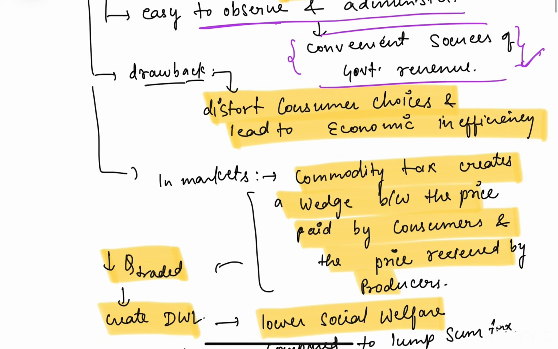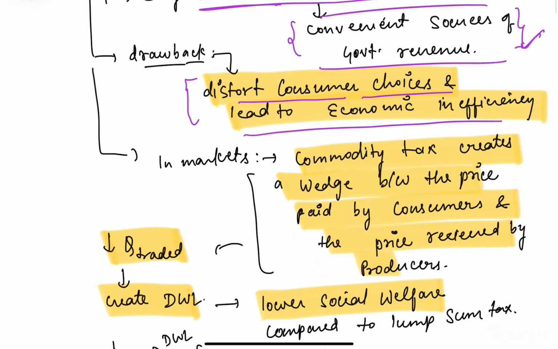But there's one drawback also. The drawback is that commodity taxes distort consumer choices and lead to economic inefficiency. Why do we say distort consumer choices? Distort means it changes consumer behavior because of the change in the consumption pattern. Say you are a person earning 1,000 rupees, and a major portion of your income goes on purchasing necessities, food or anything.